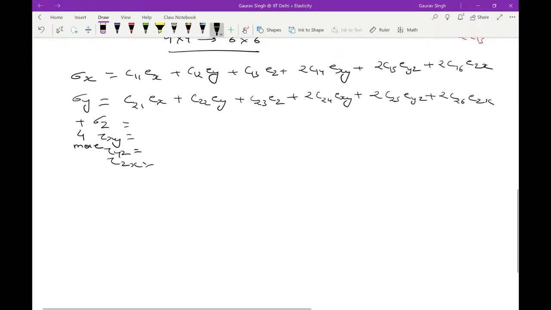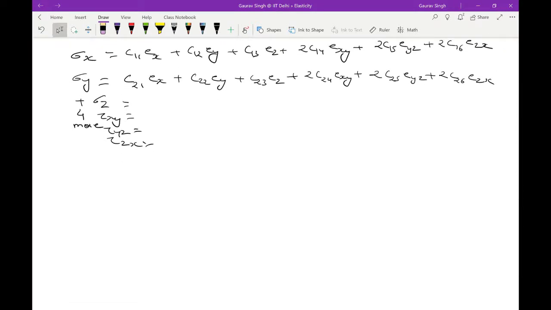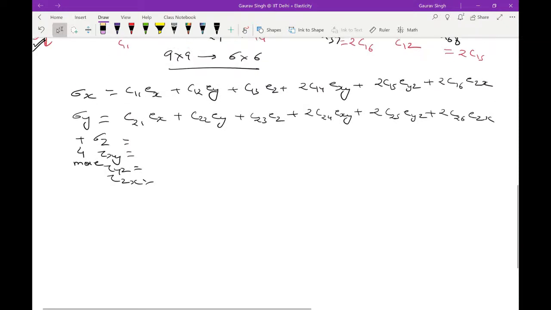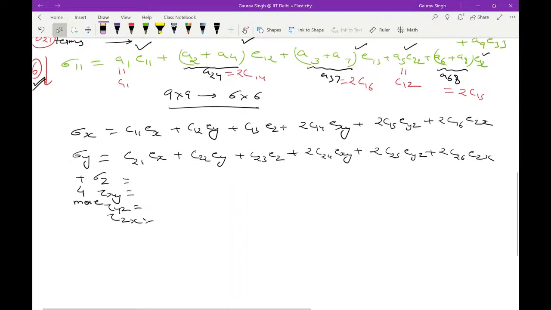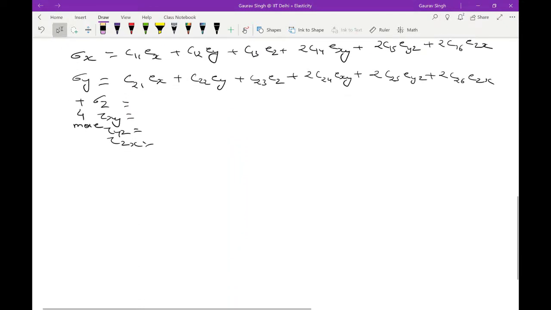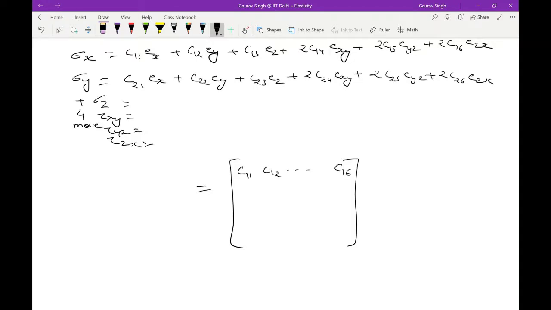So eventually you come up with this system where you can write your elasticity tensor in this form. Let's write sigma x, C11, C12 to C16, C21, C61.